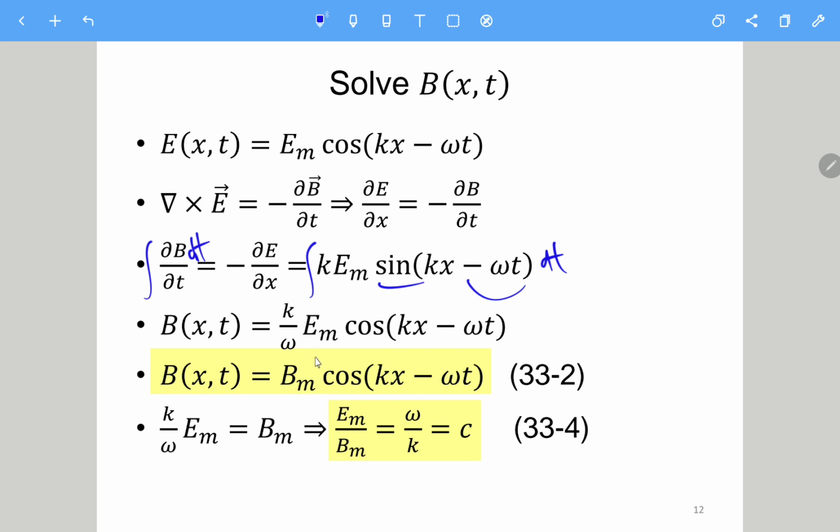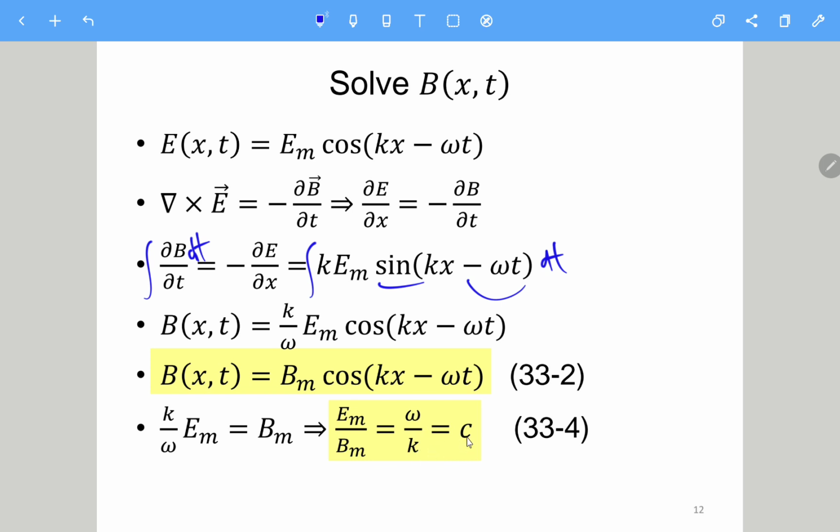And of course, this one is the B_m we define. So we get the expression that B_m equals k over omega times E_m. If we move over the term, we have E_m over B_m equals omega over k.